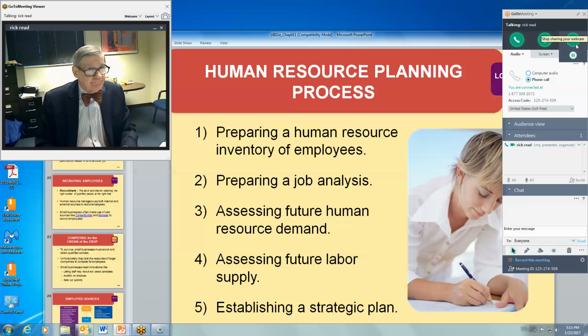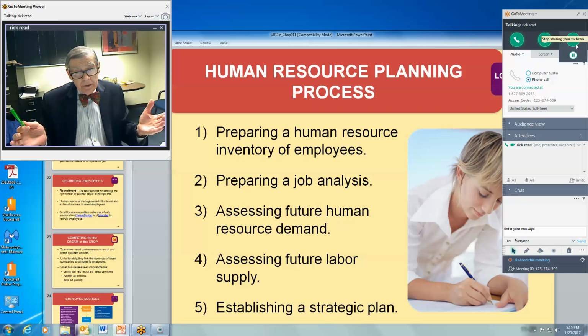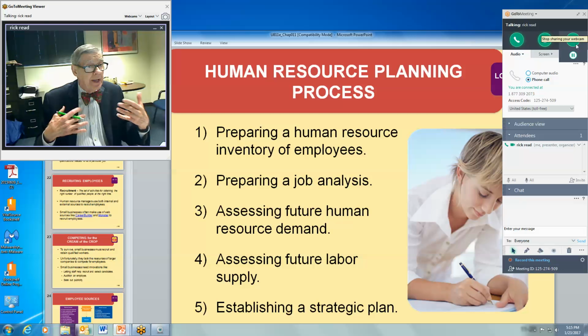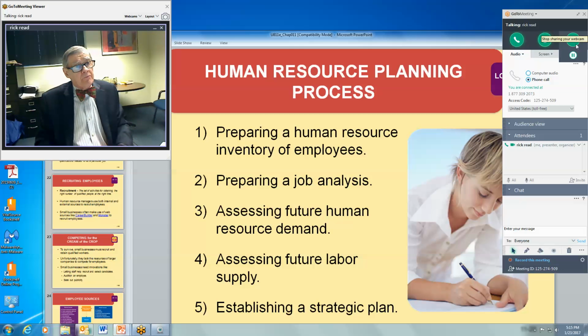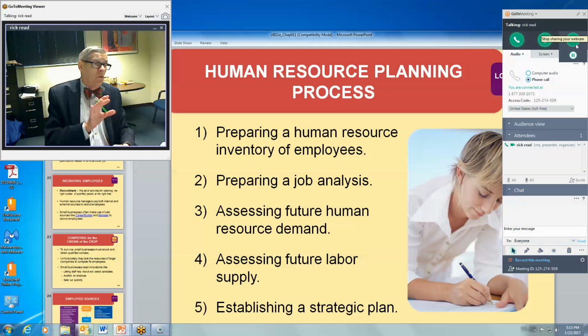Human resource planning is something that human resource managers have to go through. There's a process here that we talk about, and so you need to know that. You need to know how many employees you have currently, what their job skills are, what the education that goes with that, experience, etc., and what you expect is going to happen in the future.